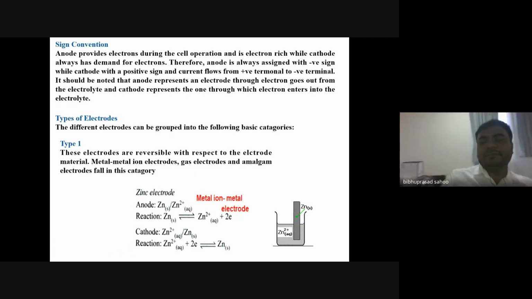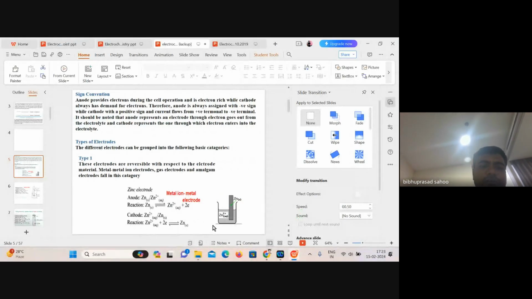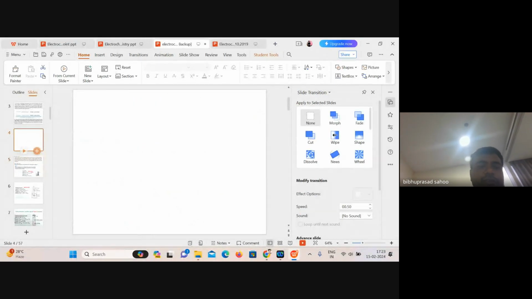Type 1 electrodes are reversible with respect to the electrode material: metal ion electrode, gas electrode, and amalgam electrode fall in this category. I will teach you one electrode only, then the rest of the electrodes you will understand accordingly.